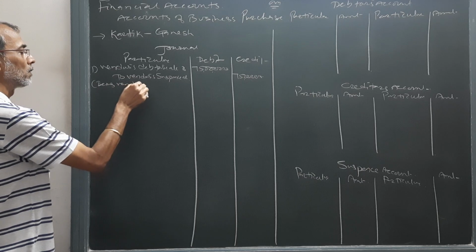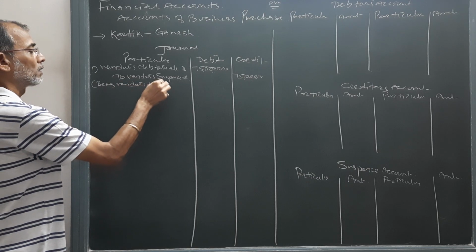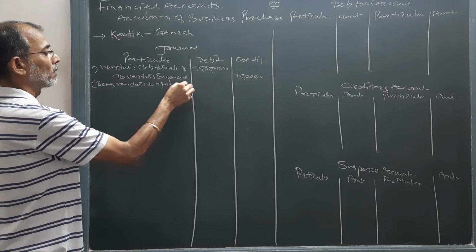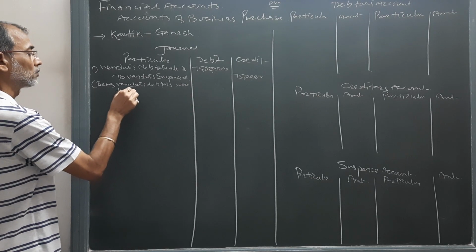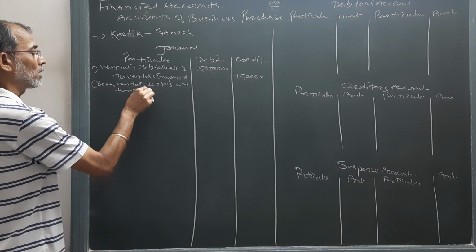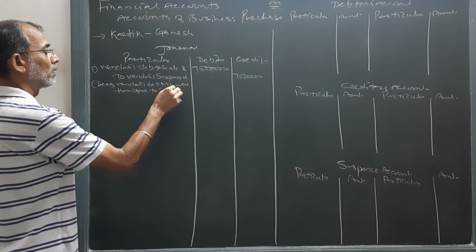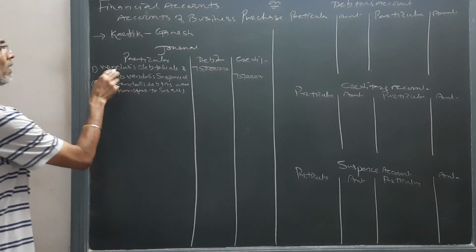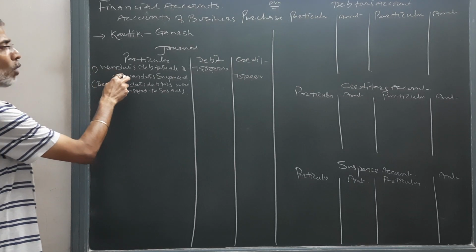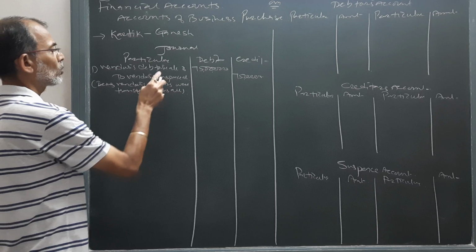Being vendor's debtors were transferred to suspense account. Now vendor's debtors account is debit 75 lakh because of suspense account.